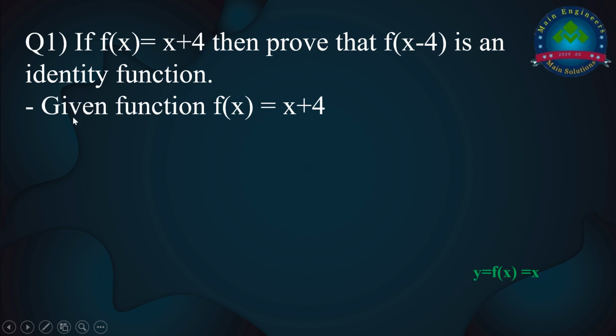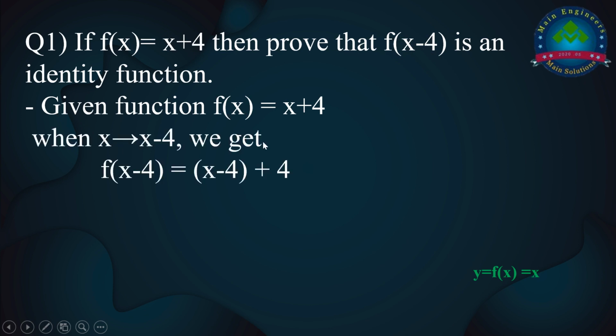Given the function f(x) = x + 4, what we have to find out is f(x − 4). So we are going to put x − 4 in place of x. So when x becomes x − 4, we get f(x − 4) = (x − 4) + 4.